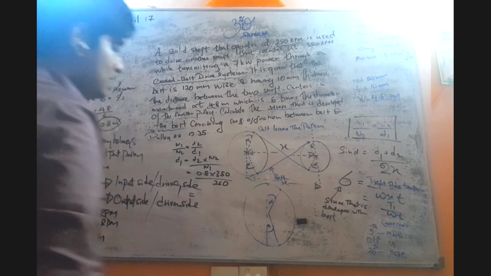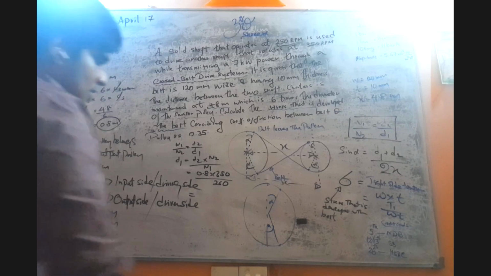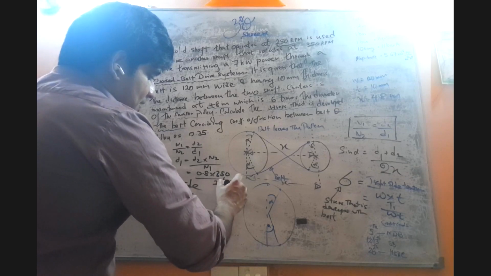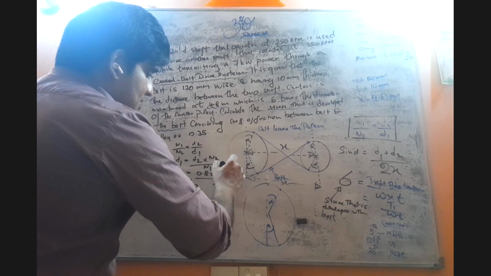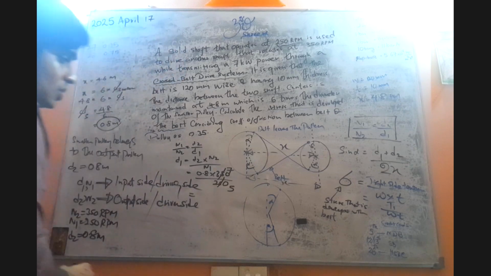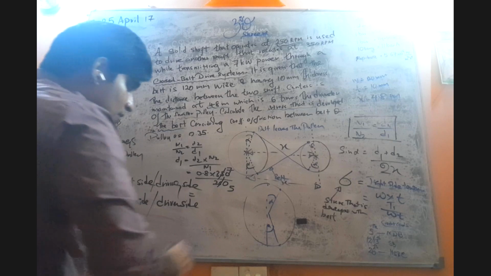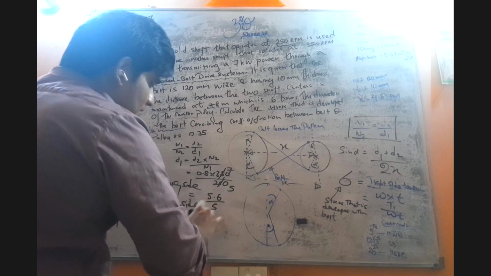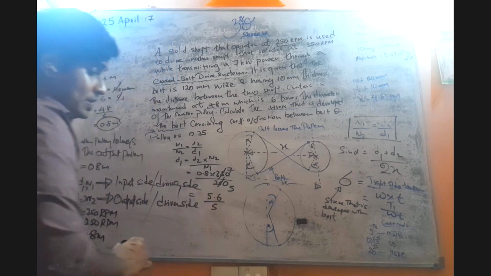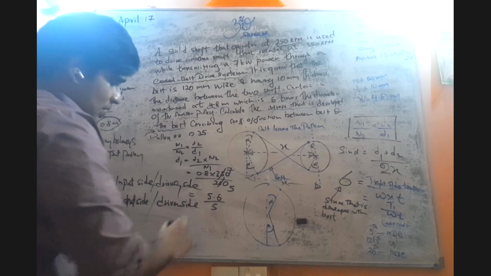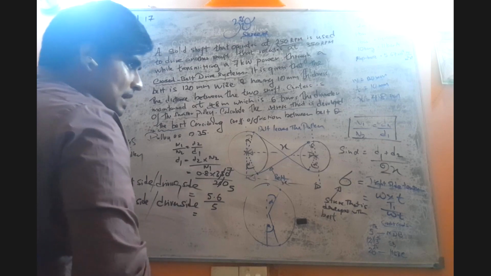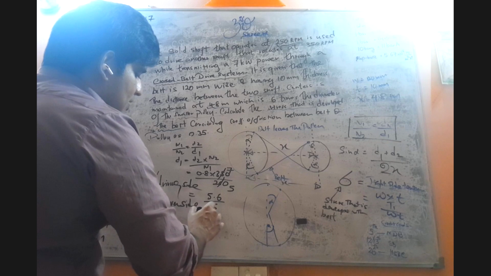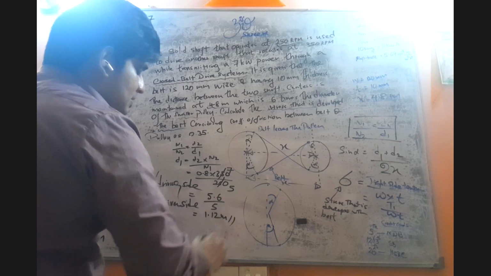So what will be the answer? 50 times 5, 50 times 7, so 5.6 divided by 5. If you divide 5.6 by 5, the answer must be 1.12 meters. Is that correct?